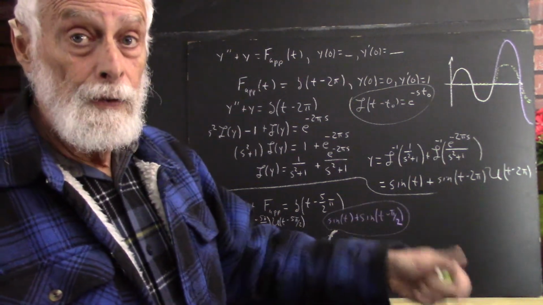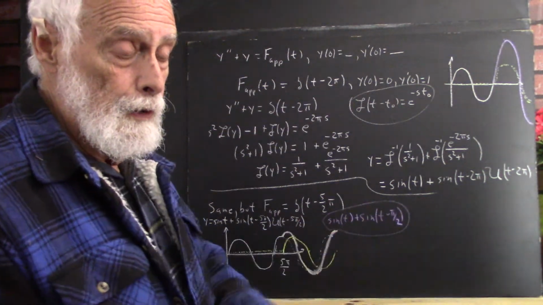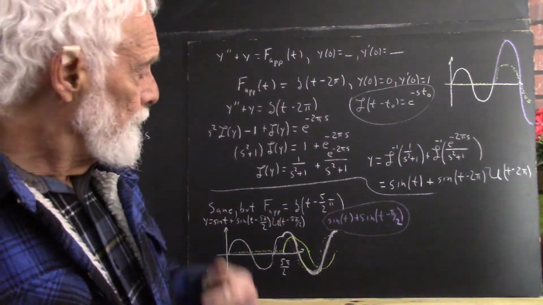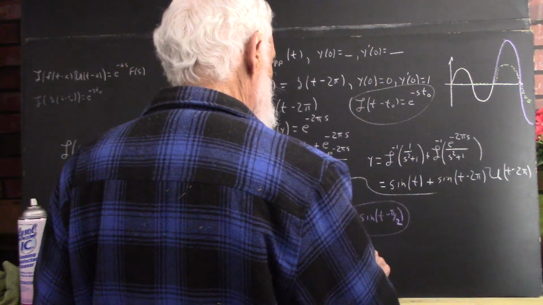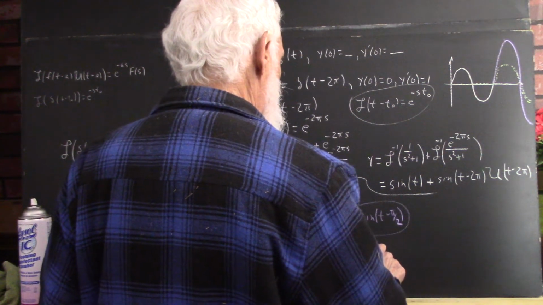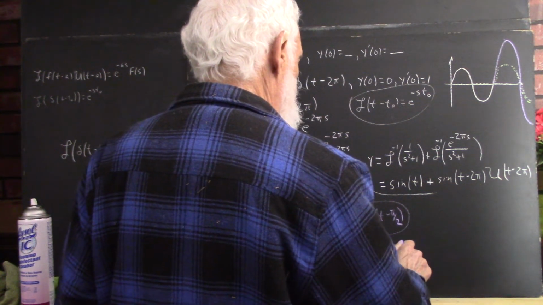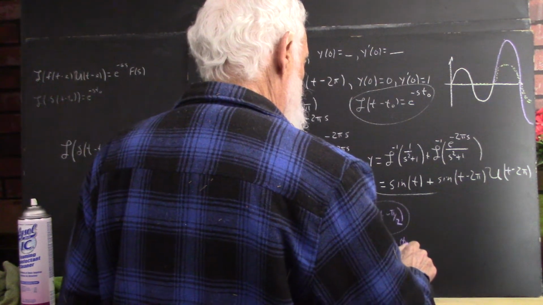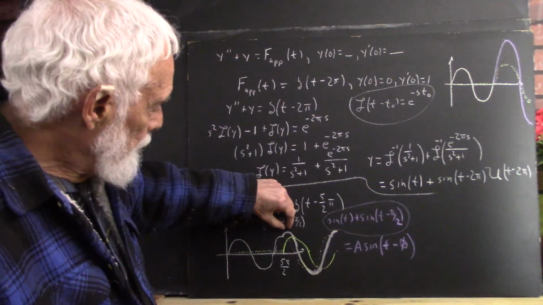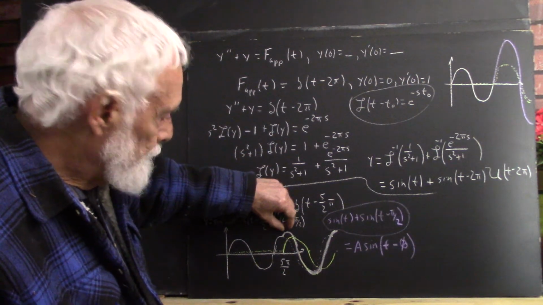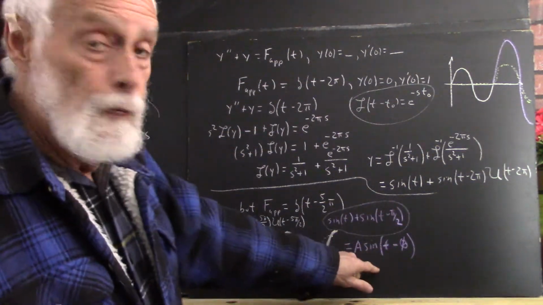Some combination of sines and cosines of t and pi over 2 along with this, and then you can combine them into one function, which might be a sine of t minus phi, where the phi looks to be maybe pi over 4. Okay, because these have equal amplitude. You have this, I suspect pi over 4.